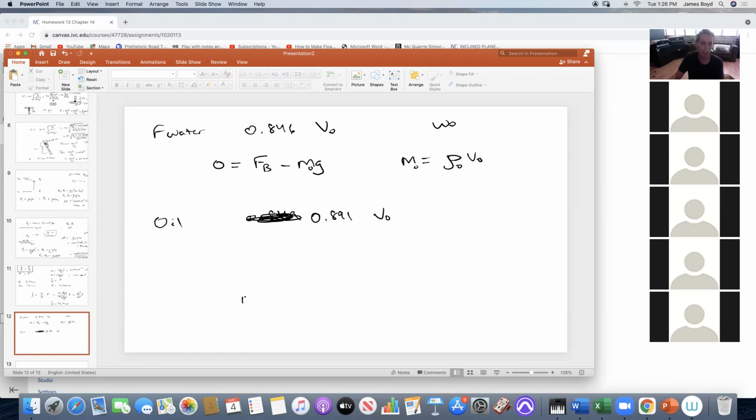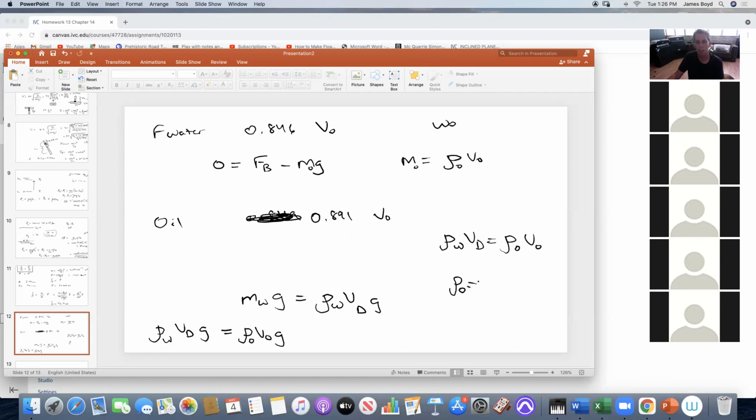And the force of buoyancy is the mass of the water times G, the water displaced, which is equal to the density of water times the volume displaced, times G. So we have density of water, volume displaced times G is equal to the density of the object, the volume of the object times G. The G cancel, what we get is density of water, volume displaced is equal to density of object, volume of object.